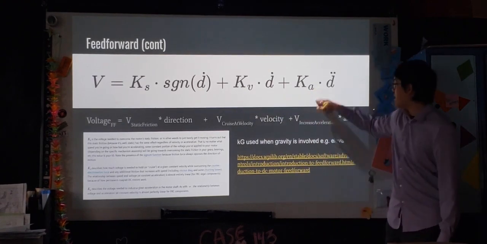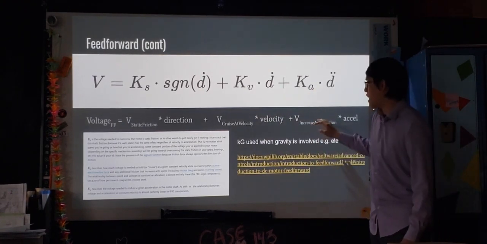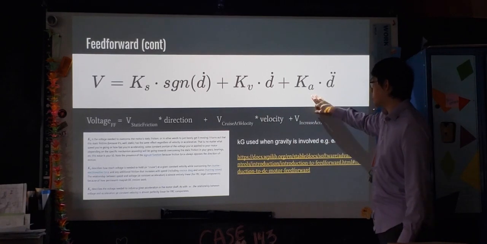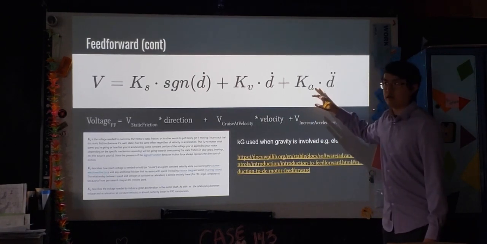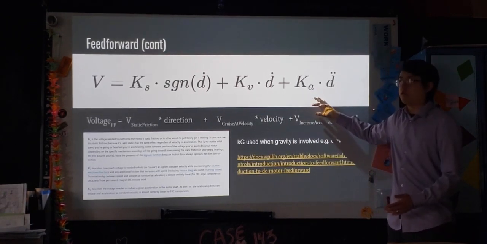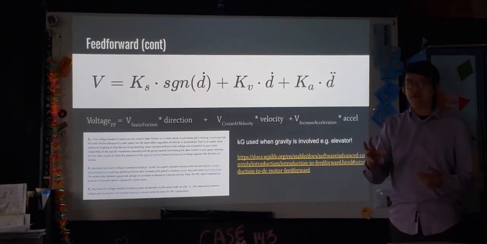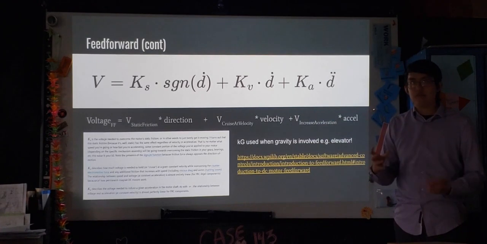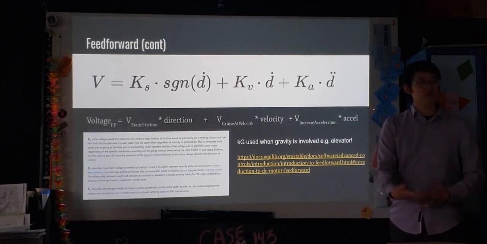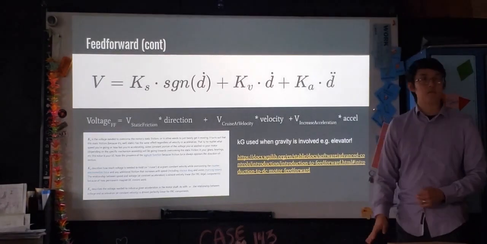And then Ka here is how much voltage you need to make it accelerate. Basically, you have a motor at 5 meters per second. How much extra voltage do you need to supply to make it move just a little bit faster?